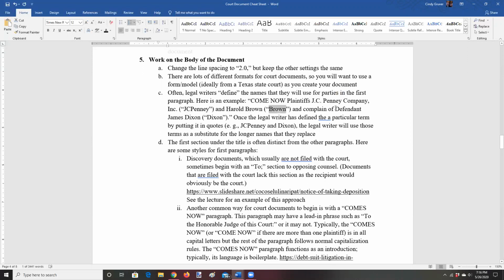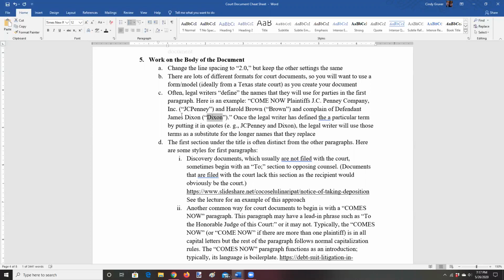And instead of referring to defendant James Dixon each time, we're going to refer to him as Dixon. So whenever I use the term Dixon, it has to mean defendant James Dixon. Let's say James Dixon is married to Susan Dixon. Well, we've already defined Dixon to mean defendant James Dixon. So Dixon by itself can't mean Susan Dixon.